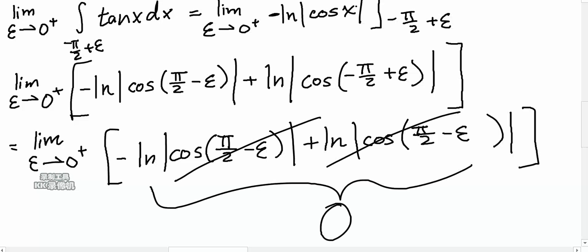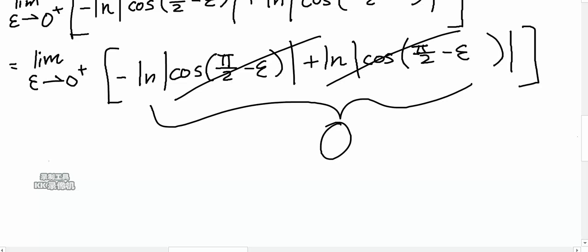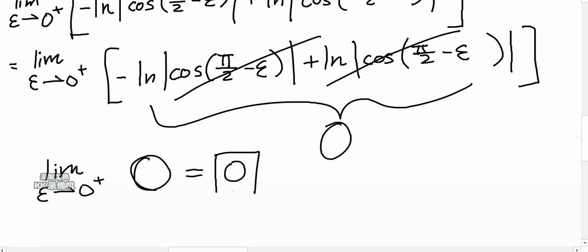These just cancel each other out, so what you're left with is a big fat 0. So you're taking the limit as epsilon approaches 0 plus of a constant 0, which is simply equal to 0.